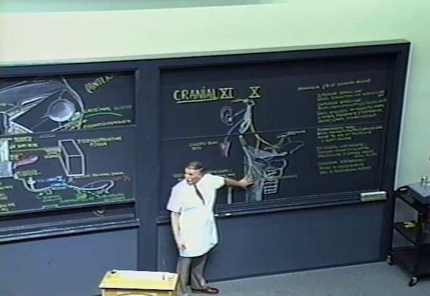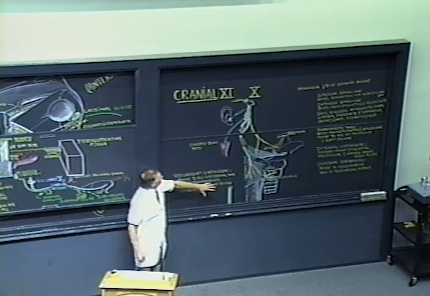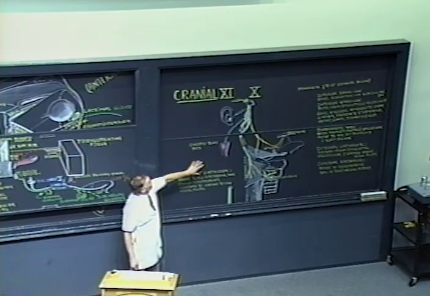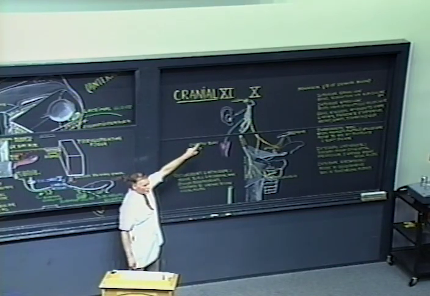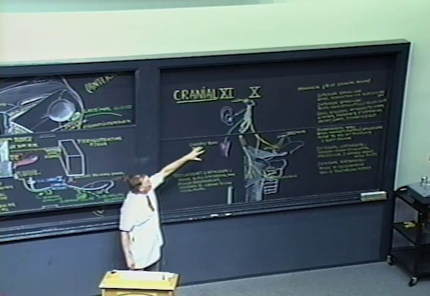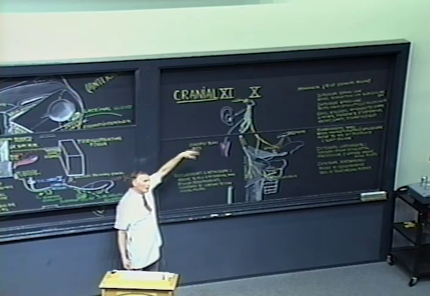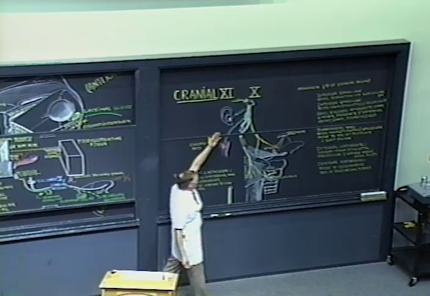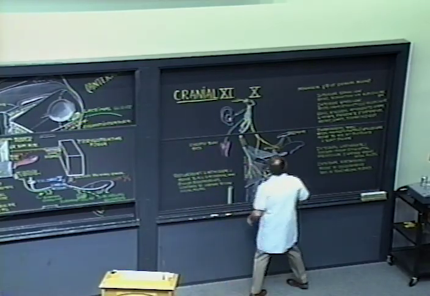And so it is generally believed that most of these motor fibers, if not all, that accompany the vagus are derived from cranial 11. You can go arm wrestling then whether cranial 11 really is just part of the vagus. And I don't care. They are separate little fibers aligned with the vagus.